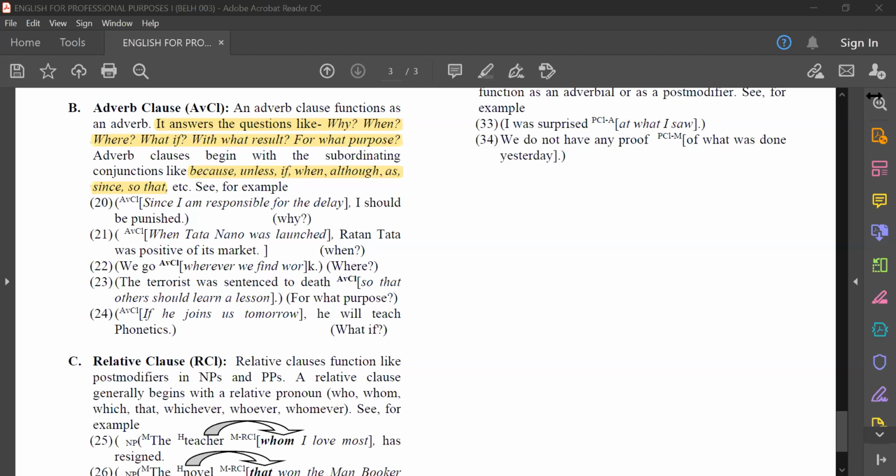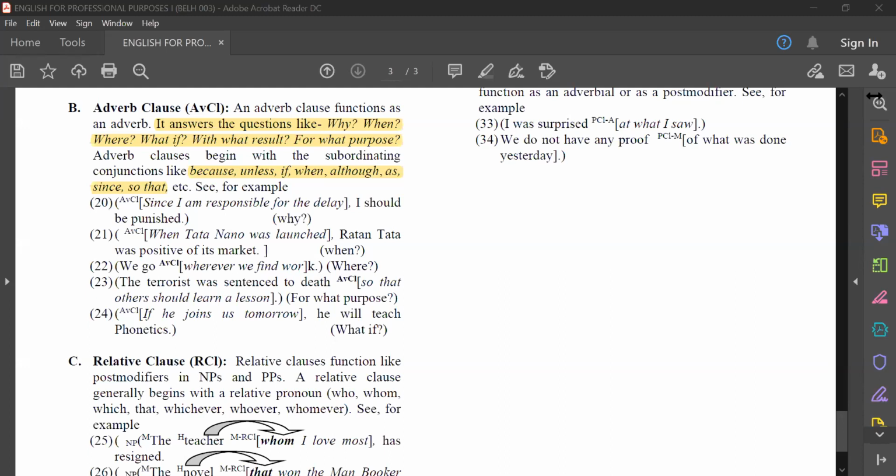The whole chunk will be the adverbial clause. Here we are not concerned with a main keyword, because there can be an even longer adverbial clause.